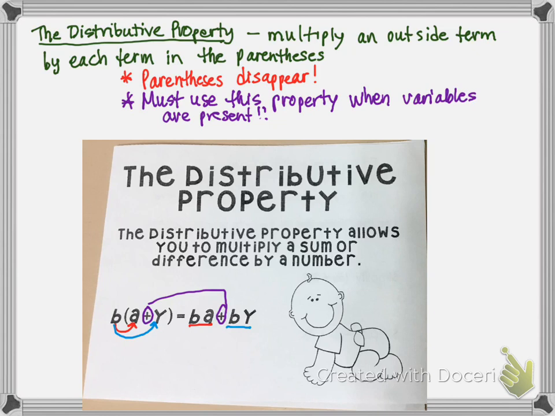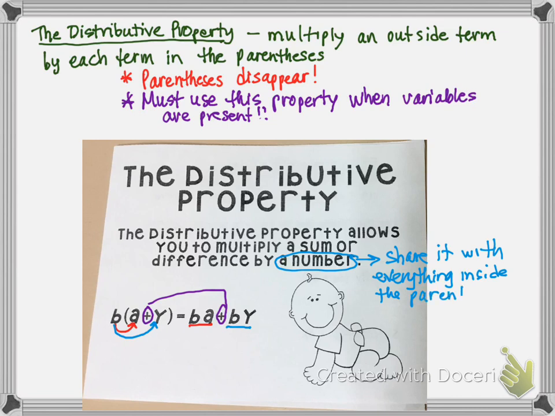Okay, so again, the distributive property allows you to multiply a sum or difference by a number. So in other words, we're going to take that number and we're going to share it with everything inside the parentheses. Now don't always think it's going to be two numbers, because you can have lots of numbers in the parentheses.